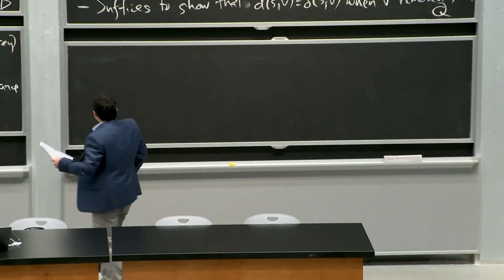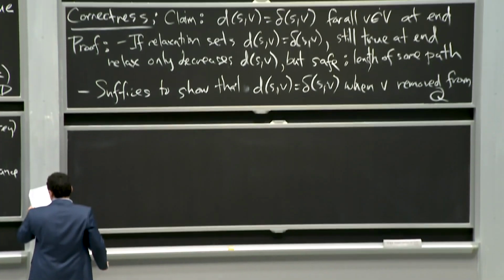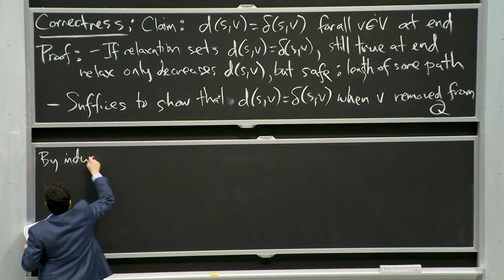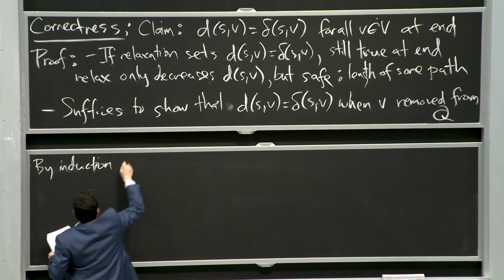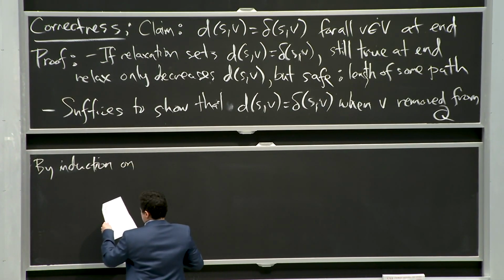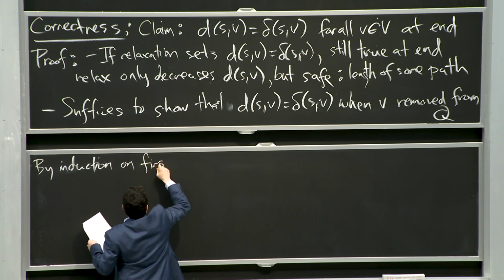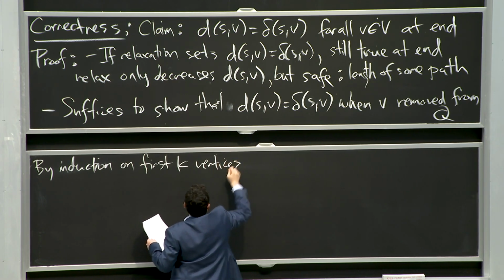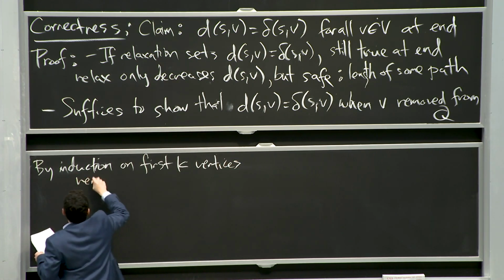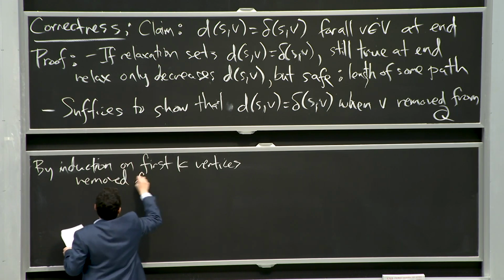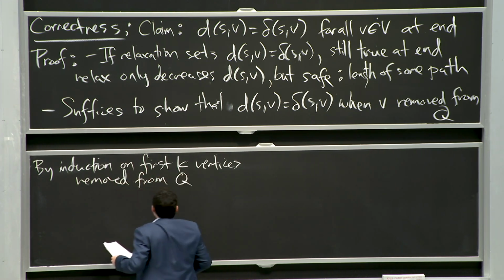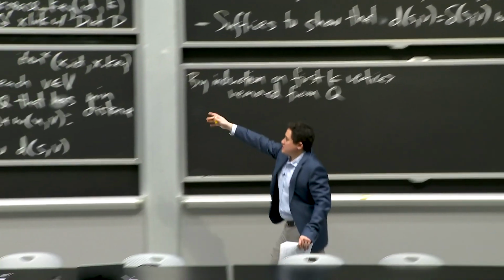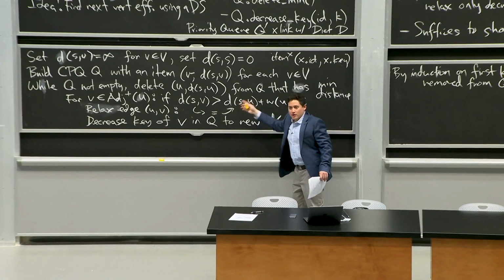All right, so we're going to prove this by induction, obviously. Induction on the first k vertices removed from the queue. All right, so the queue, we're popping vertices from this queue in some order.